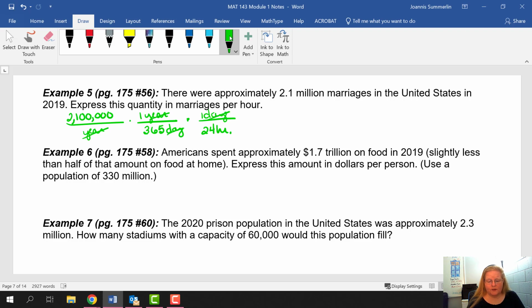This gives me marriages per hour. That's good. So I can multiply across the top and divide by the bottom, and that gives me 239.7 marriages per hour in our country.